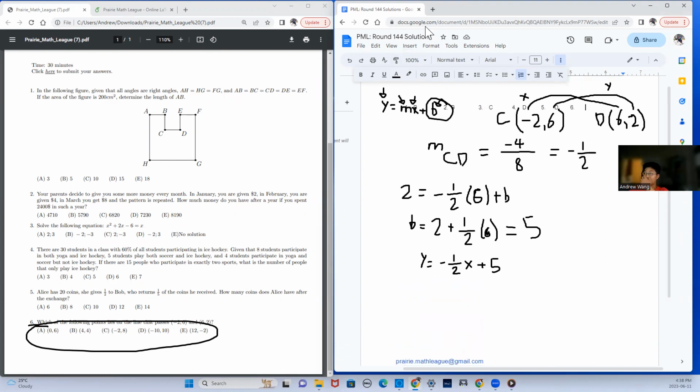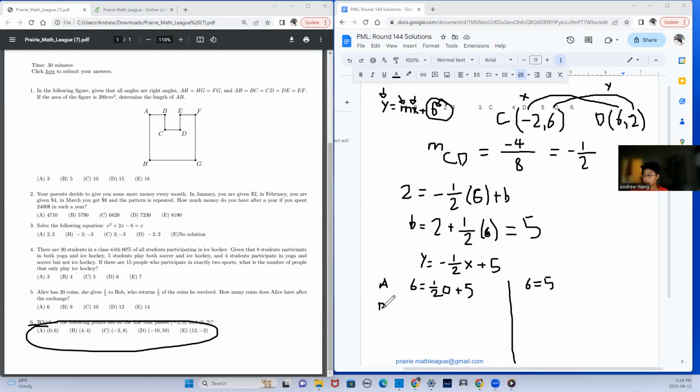For A, the value is 0, 6, so let's plug it in. So 6 equals -1/2 of 0 plus 5. And this leads us to 6 equals 5, and 6 does not equal 5. So A is not the answer.